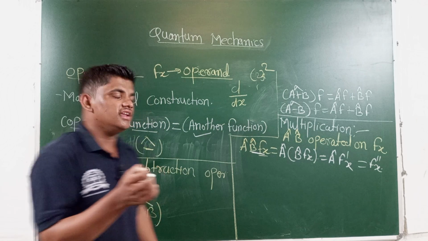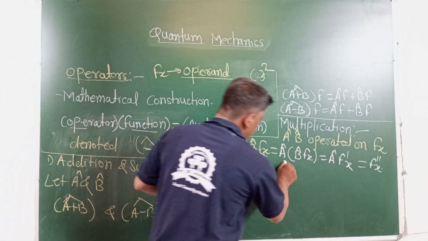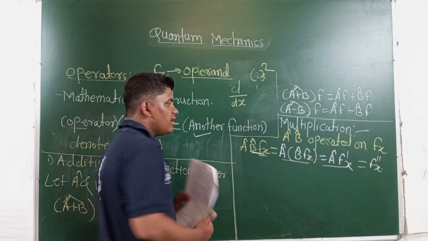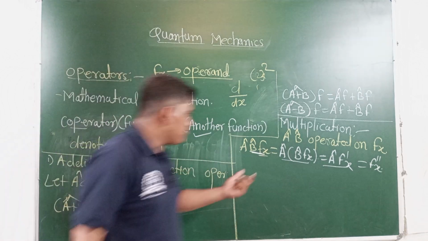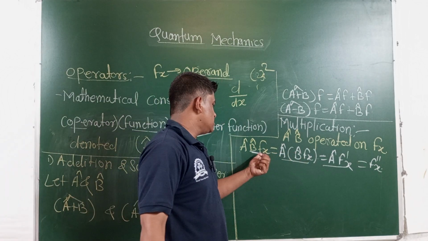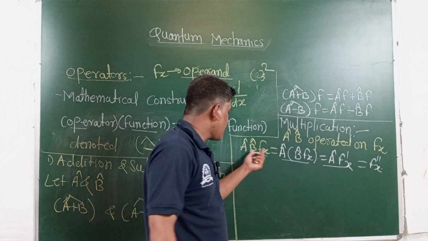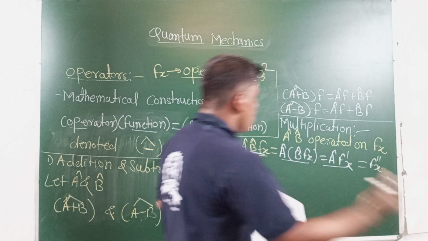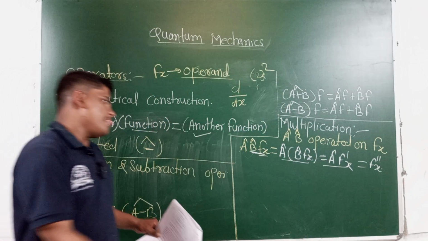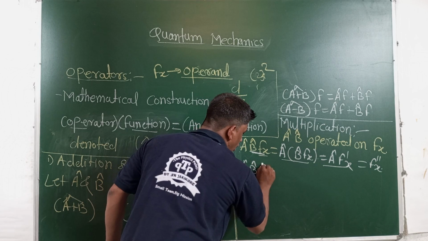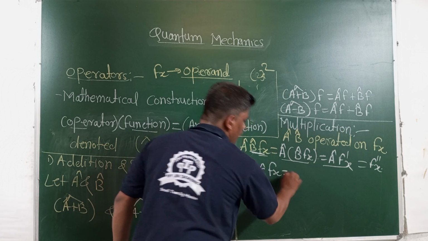When we see this type of procedure, we must firstly apply the right hand side operator on the function, then the left hand side operators. We can take three different operators operating on the same function, that is f of x.